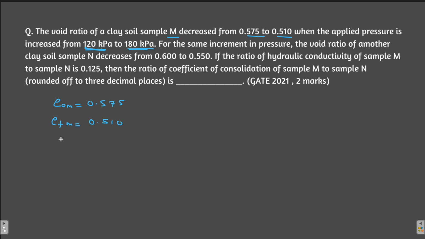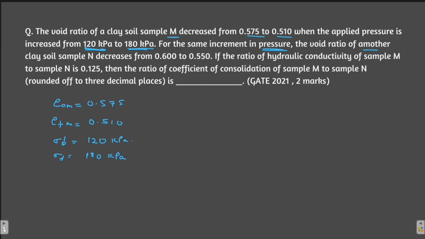So what is the initial stress? Initial stress sigma initial, or sigma naught, you can say sigma dash naught, is 120 kilopascal. And the final stress is 180 kilopascal. Okay, so this data is given to you for the same increment in pressure. The pressure is also increasing from 120 to 180 kilopascal.